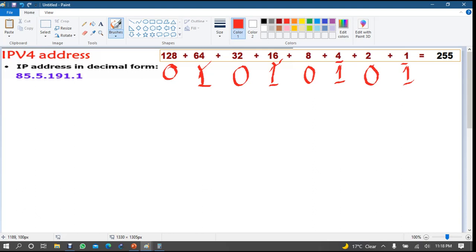So what will be the binary of 85? You can write here: 85 equals 01010101. So 85 binary is this one.